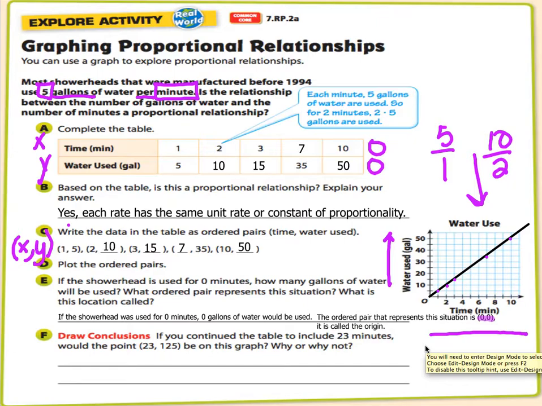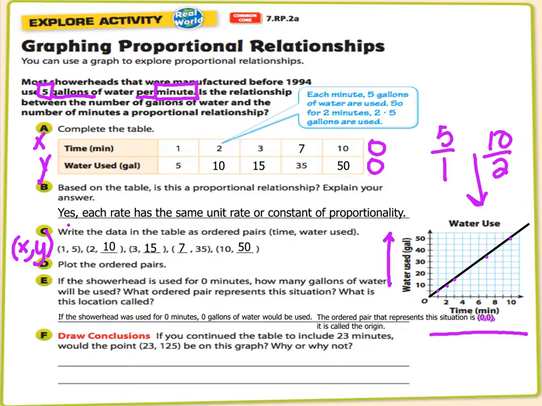Now we're going to take a look at the point 23, 125. If I were to extend my graph, would this point be on the graph? I can do one of two things. If my graph were large enough, I could extend my line and see if it's on there. Looking at my graph, it's not big enough, so I can't do that. So I can do some math.